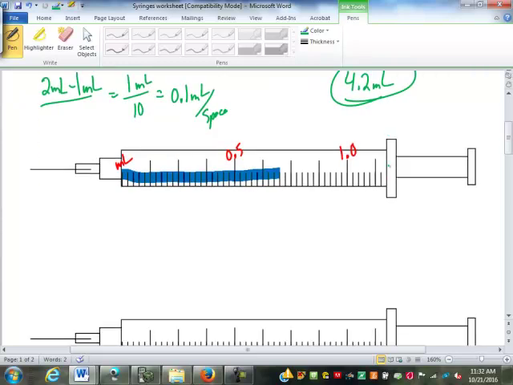The second one, from 0.5 to 1, so that's 1 milliliter minus 0.5 milliliters, a difference of 0.5 milliliters, divided by 5, 10, 15, 20 spaces between them.